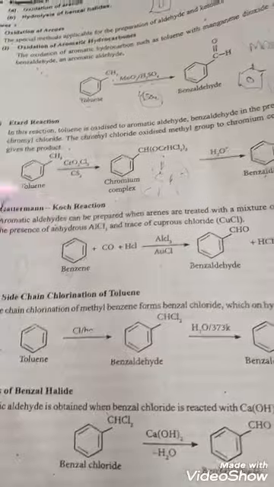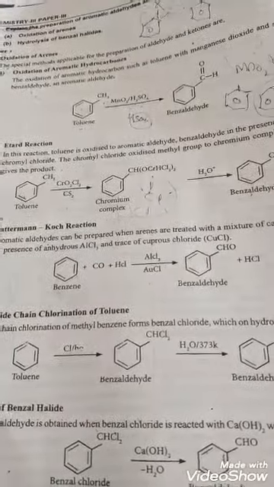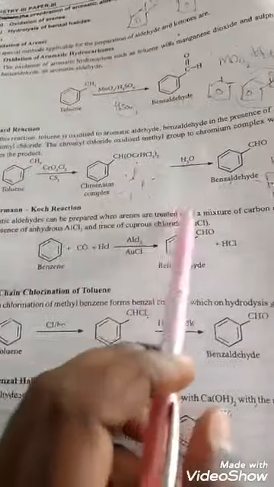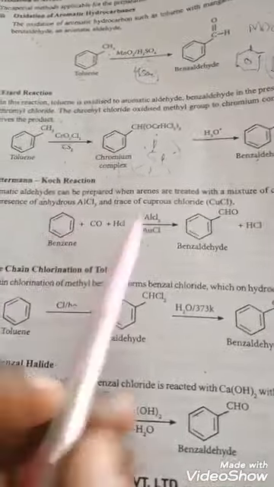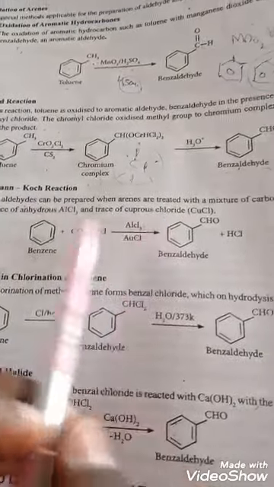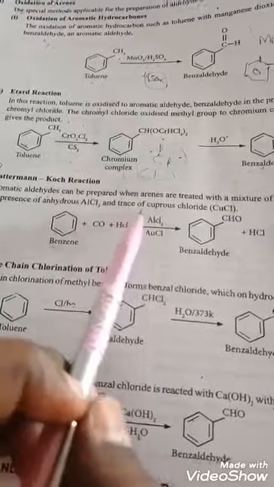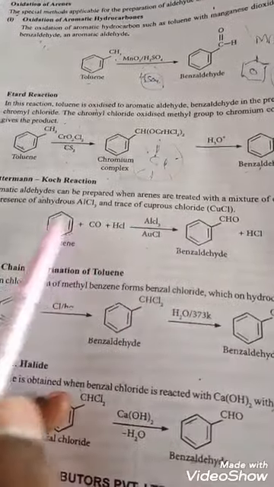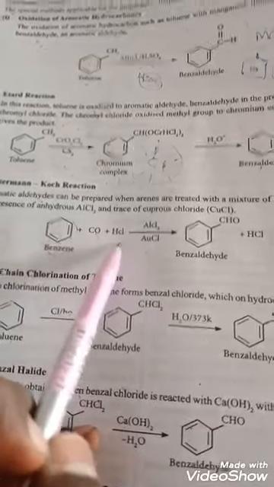Next one, Gattermann-Koch reaction. Aromatic aldehydes can be prepared when arenes are treated with a mixture of carbon monoxide and hydrogen chloride in the presence of anhydrous AlCl3 and a trace of cuprous chloride. This is the benzene, and this is carbon monoxide and hydrogen chloride.